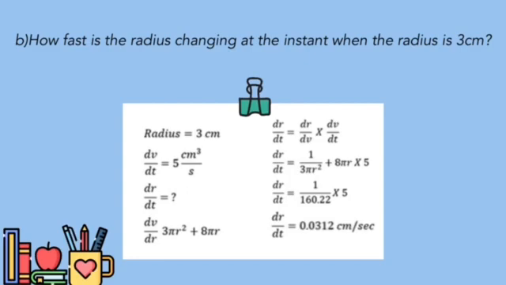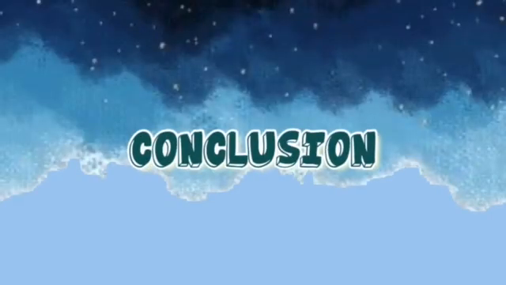We substitute the value of r, which is 3 cm, into the equation, and we get 1 over 160.22 times 5. Calculating, the answer is 0.0312 cm per second.